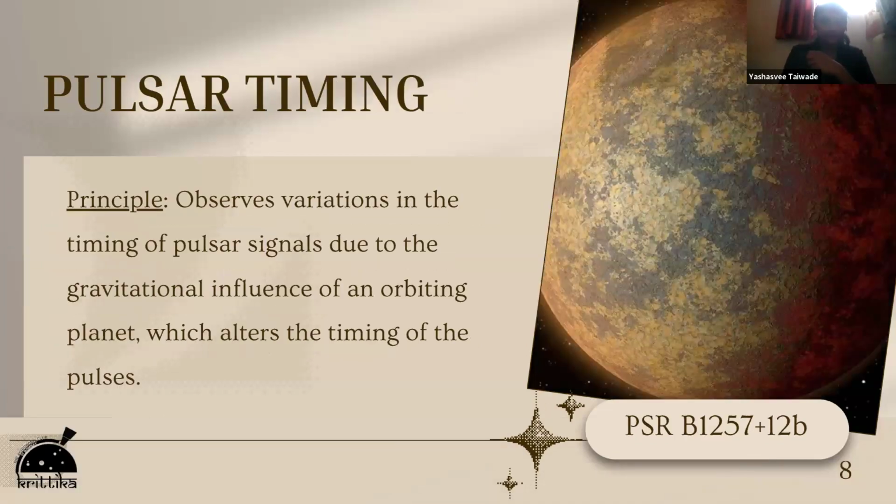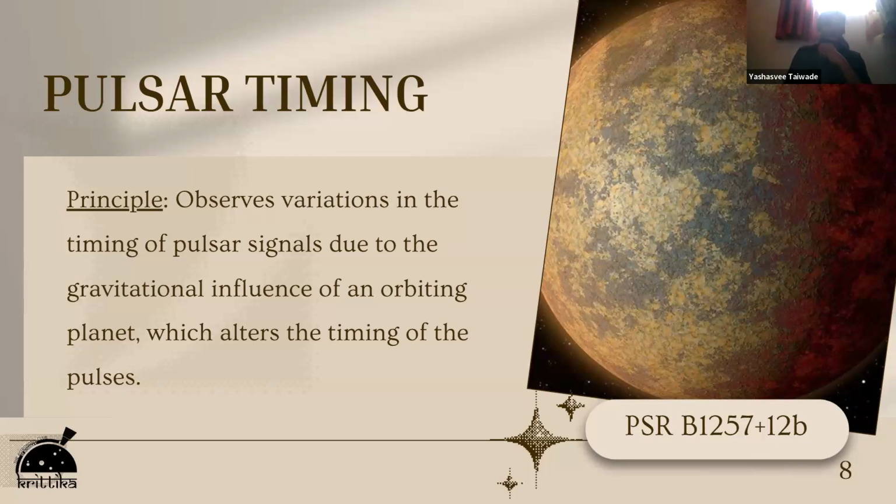Moving ahead, we next have pulsar timing. It observes the variations in the timing of pulsar signals. A pulsar is basically another light source, and some planets orbit a pulsar. We observe variations in the timing of the pulsar signals, because the gravitational influence of the orbiting planet alters the timing of the pulses.